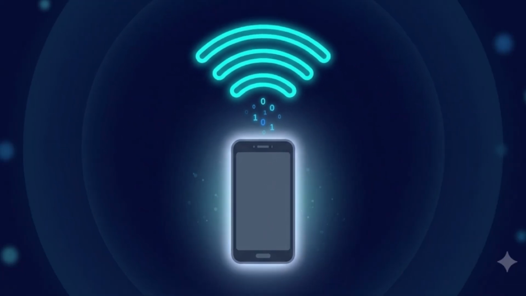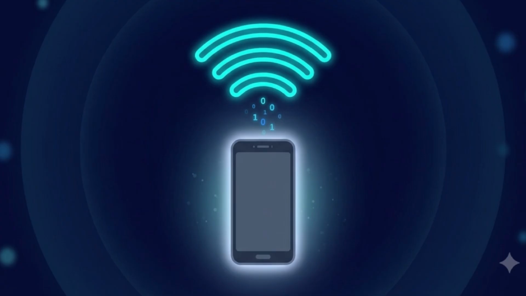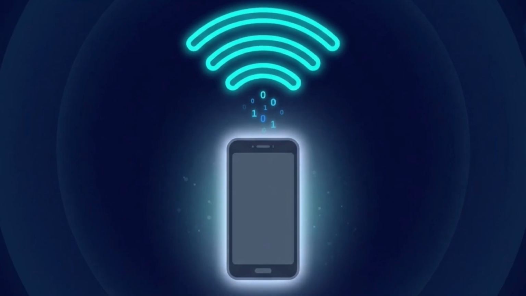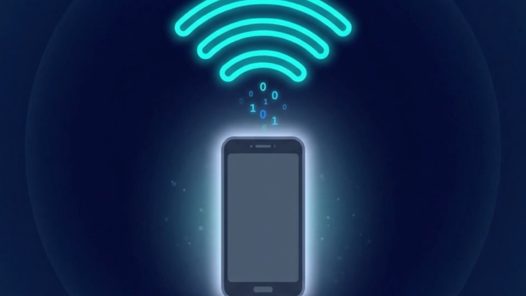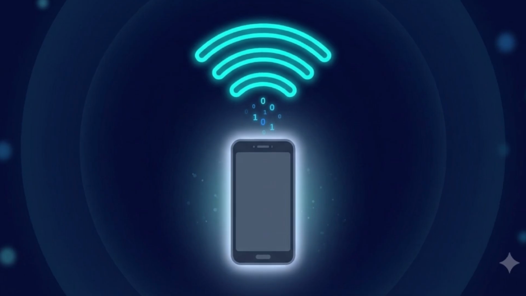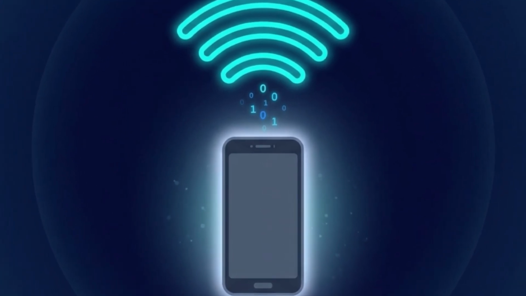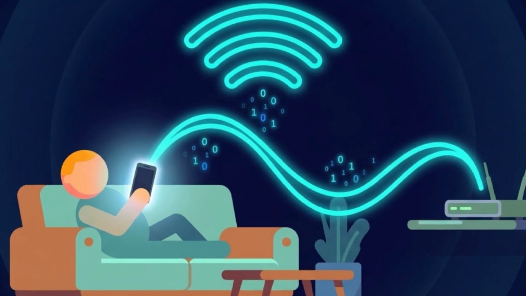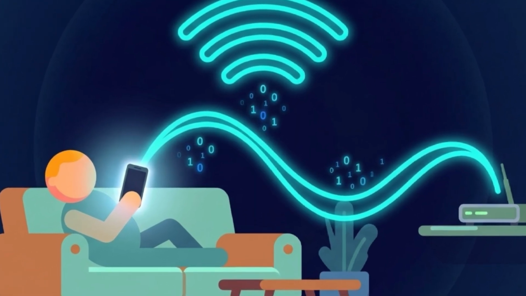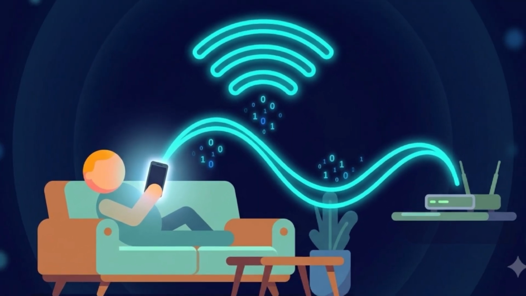Now, two questions almost everyone has asked at some point. Why does the internet get slow? And how does everyone use the same Wi-Fi at the same time? The answer to both lies in the same idea. A router has a limit to how much light it can emit and organize per second.